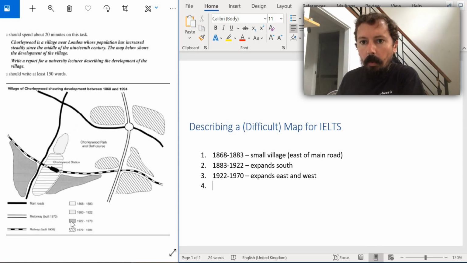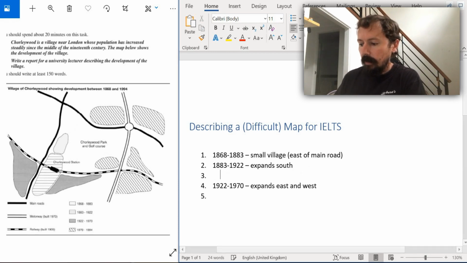In 1909, what happens? So during this second period here, we had another event. We can see down here, the railway was built. So we've got this railway coming through, and it is running adjacent to, and we can see this railway is coming through with the station being built in the slightly newer part of the town.